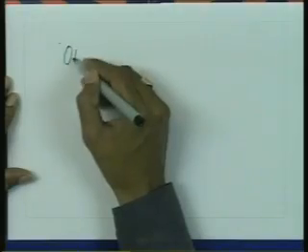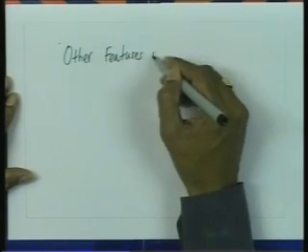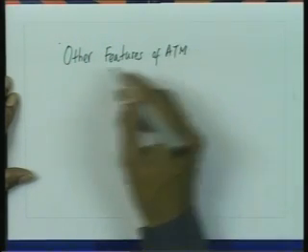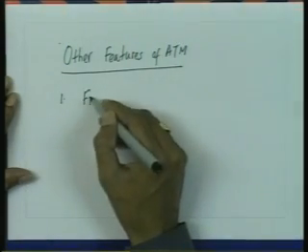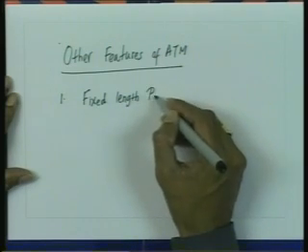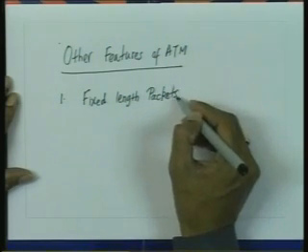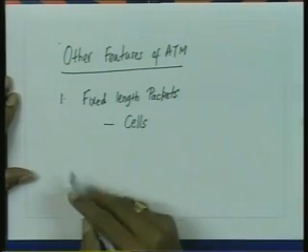There are some other features of the ATM networks also. One of the other features of ATM was that it uses fixed length packets, which are called cells.